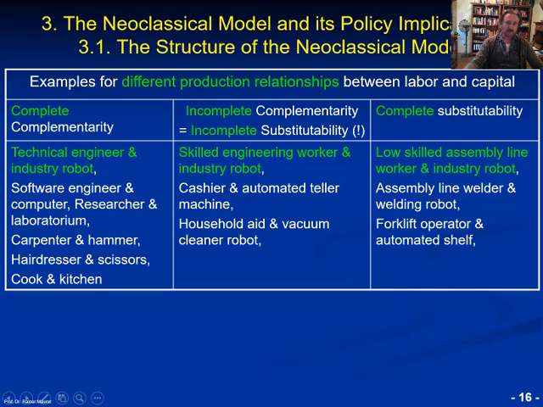On the other end of this table, you find complete substitutability. An ideal type example for such a relationship is a low-skilled assembly line worker and an industry robot, because an industry robot can today substitute a low-skilled assembly line worker and vice versa.